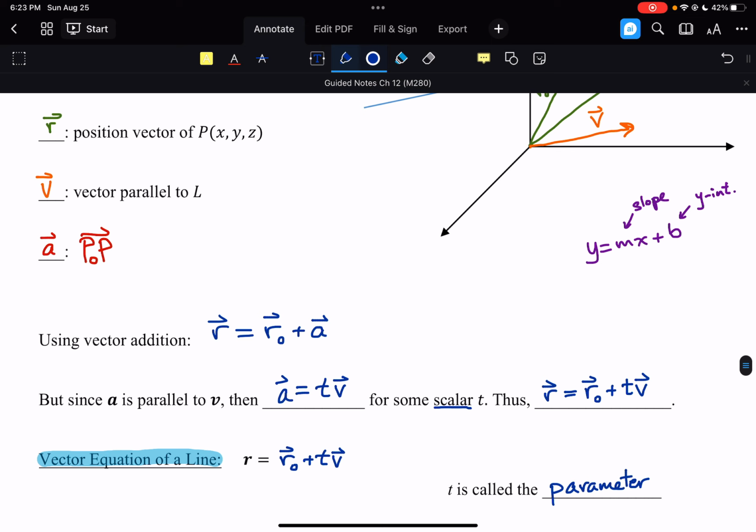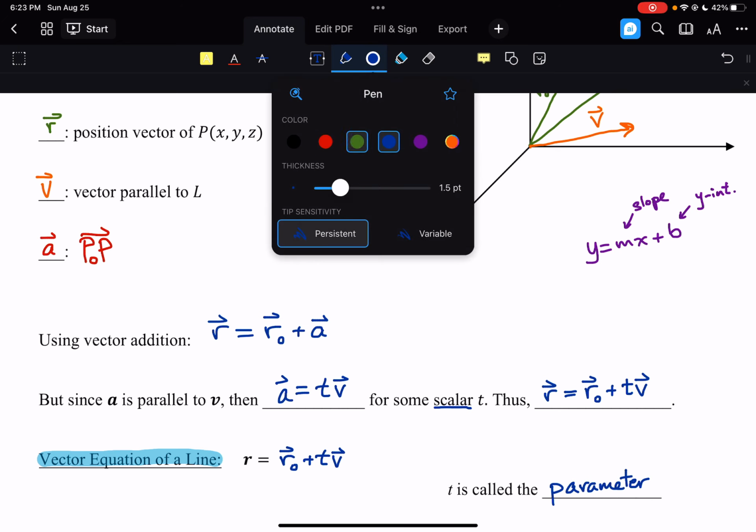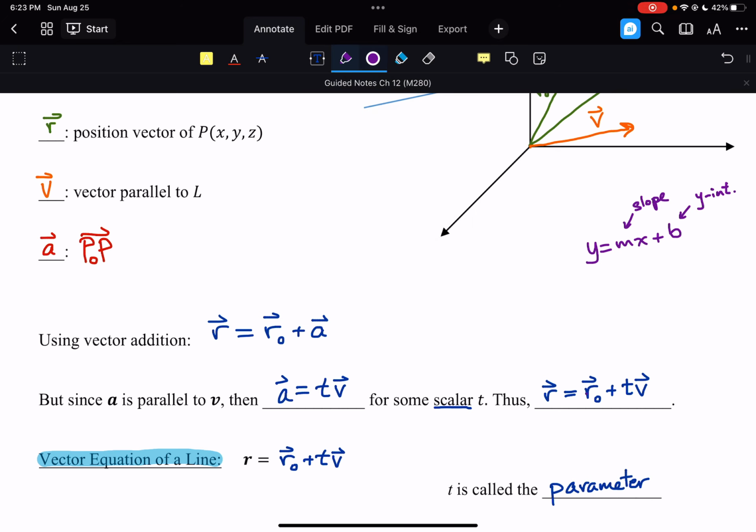Now, of course, all these components here, these are vectors. These are not just numbers or variables like we thought of them back in algebra. But if we reorganize this a little bit, so put r equals vt plus r0. Just for the sake of argument, this is the formula we're going to use, but I'm going to rearrange them a little bit here just so we can see the side-by-side.